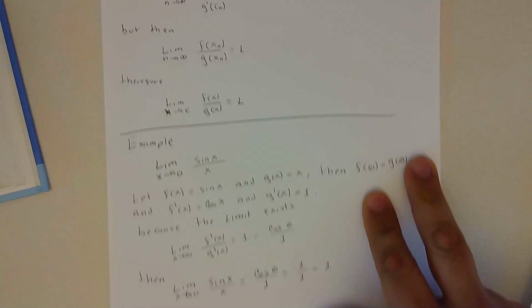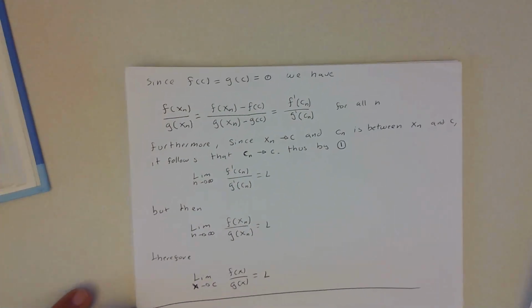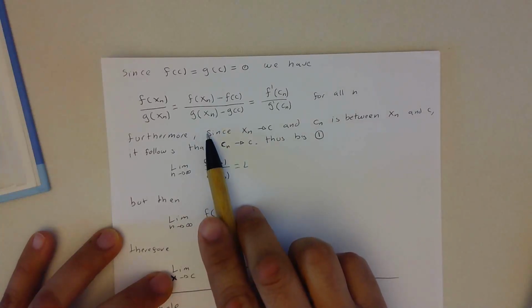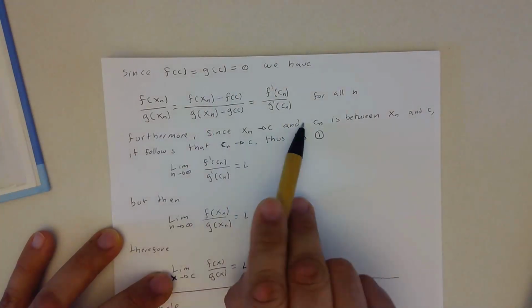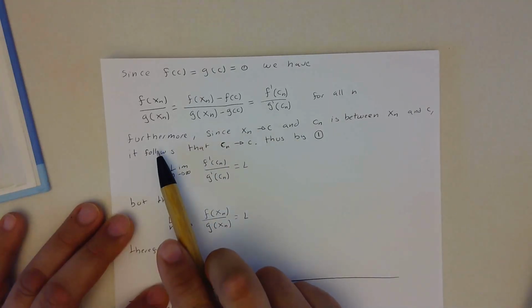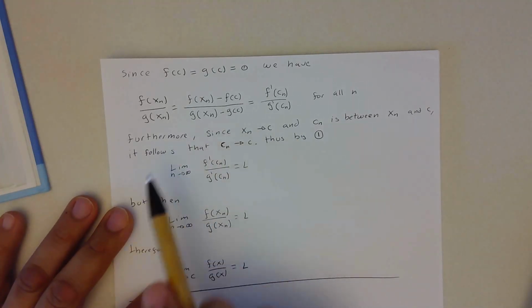Then in this case we have, as I showed, this function which is coming from the Cauchy mean value theorem.